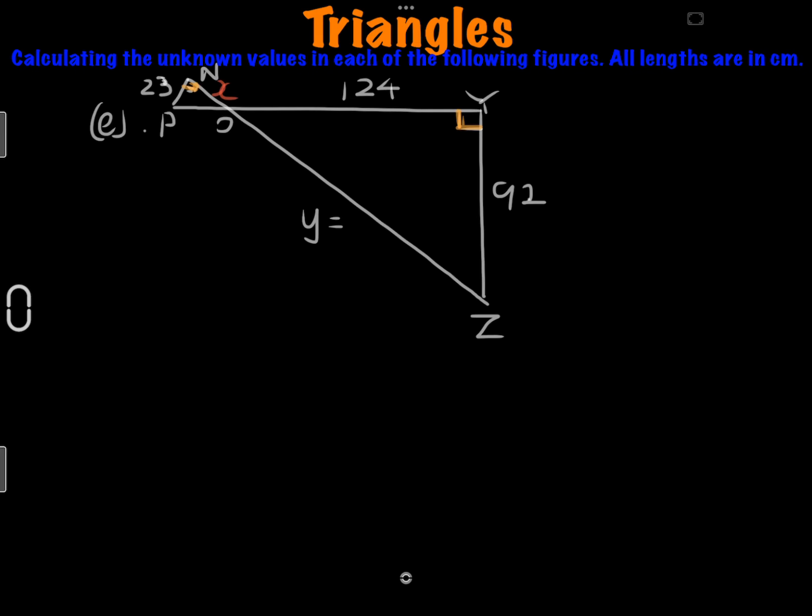So I'm going to use my Pythagoras theorem with Y as the subject of the formula. Our Pythagoras theorem goes like this: the hypotenuse squared is equal to the sum of the squares of the vertical side and the horizontal side.